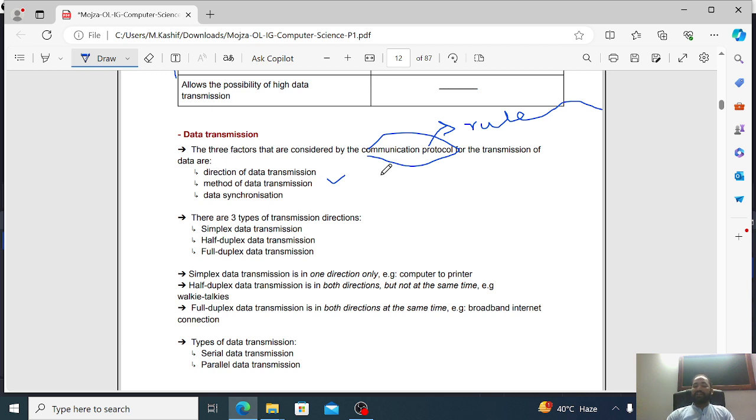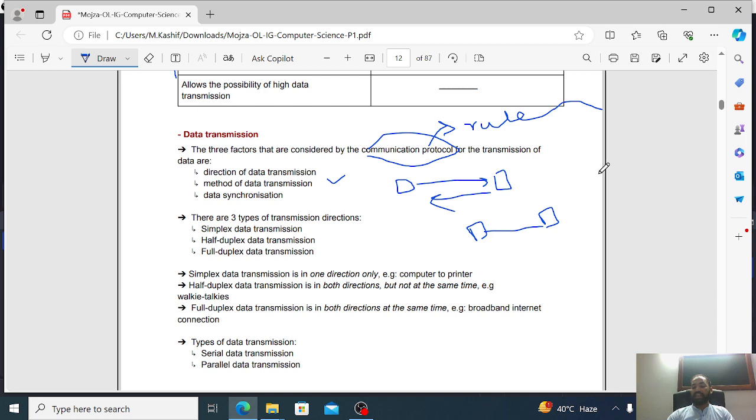Direction means if there are devices PC1 and PC2, is it unidirectional or bidirectional? That is meant by direction of data transmission. The second one, method of data transmission. If the source and destination devices have serial transmission, it means they have only one path between these two devices.